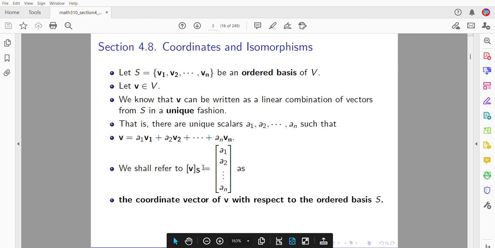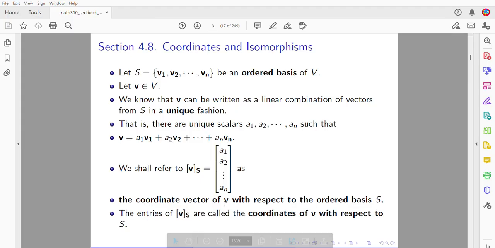Where do these numbers a1 through an come from? They come from the way v is expressed as a linear combination. The entries of box v sub S are called the coordinates of v with respect to S. So this column is called the coordinate vector. Every entry is a coordinate of v with respect to S.